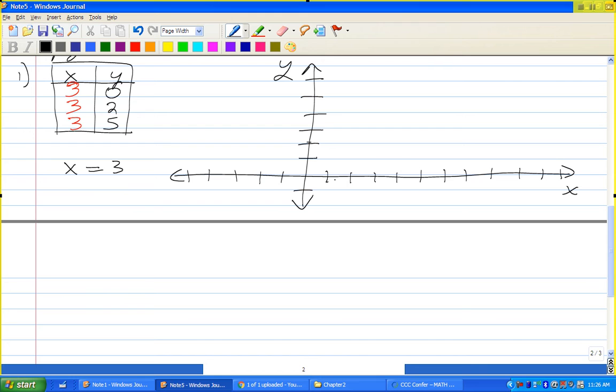So x is 3, y is 0. X is 3, y is 2. X is 3, y is 5. And so if I draw a line passing through these 3 points, I have the graph of x equaling 3, which recall is a vertical line.